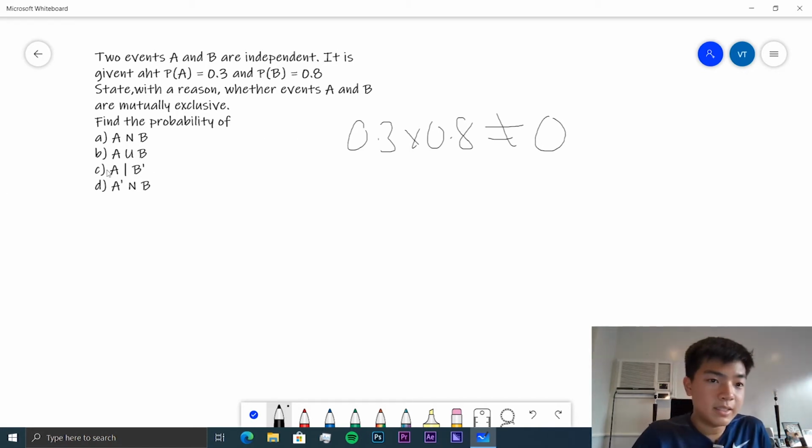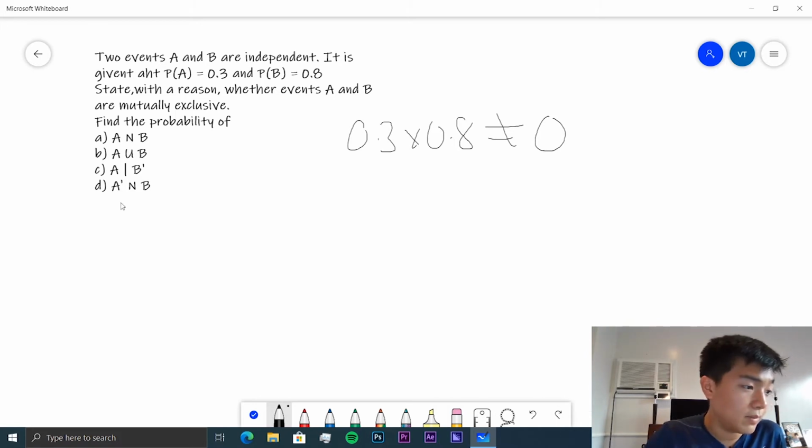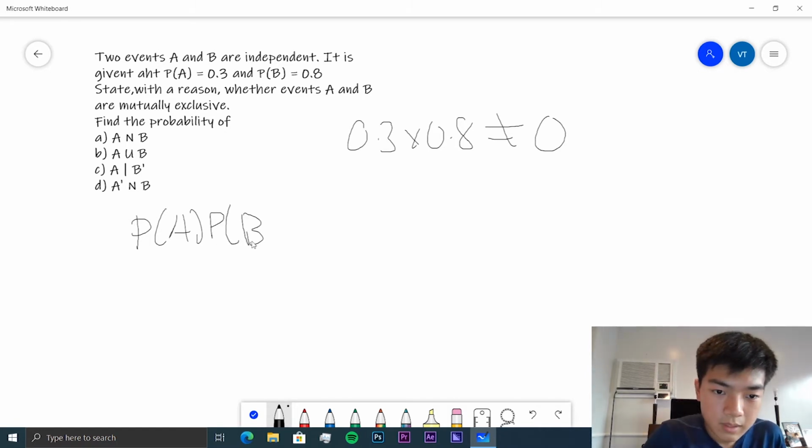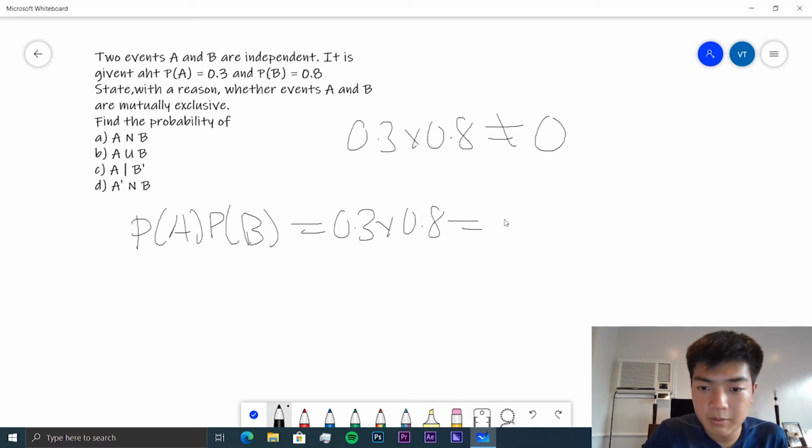And so for A intersection B, this is equal to the probability of A times the probability of B, which is equal to 0.3 times 0.8, which is equal to 0.24. So that's intersection.